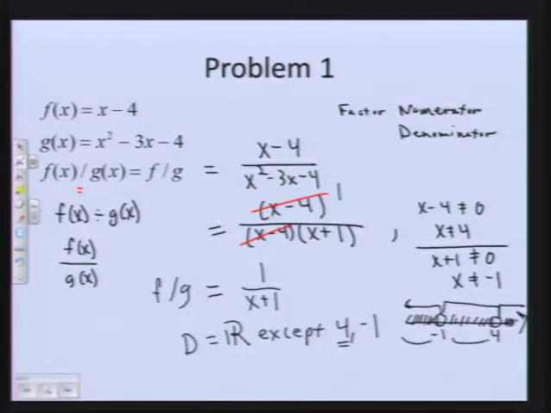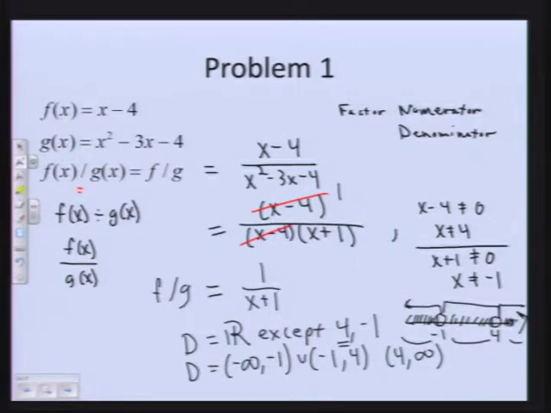Well, if you're writing this in interval notation, we have 3 intervals. We'd go from negative infinity to -1 with a parenthesis on the -1. Then we go from -1 to 4 with parentheses on the -1 and the 4. And then we go from 4 to positive infinity.